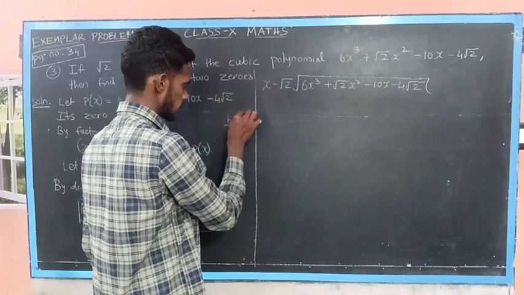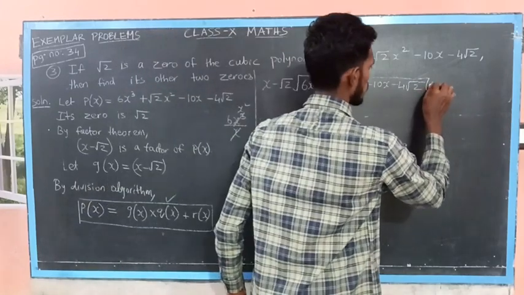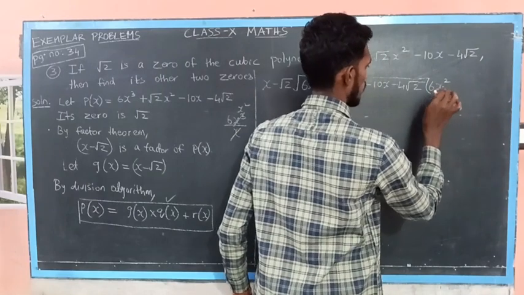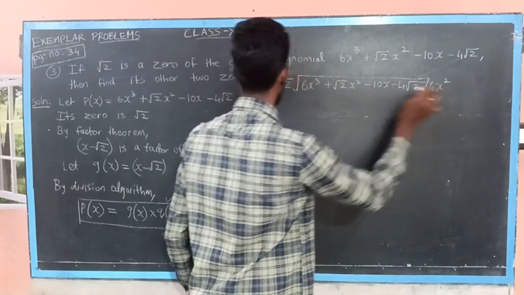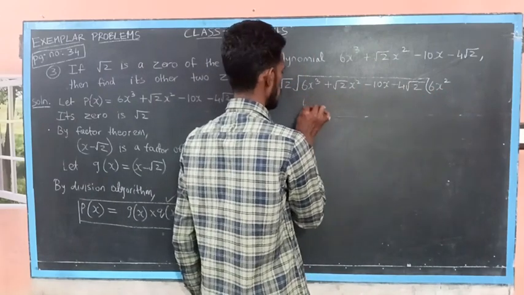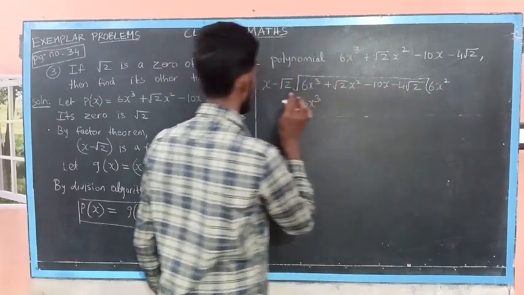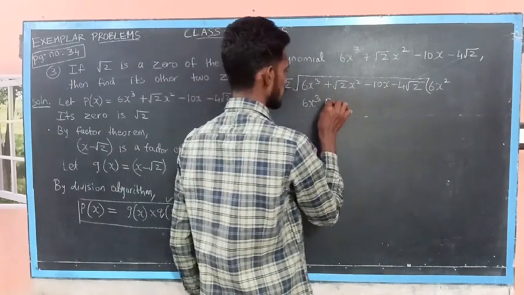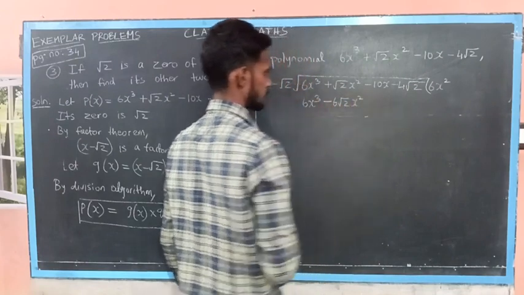So it is 6x square. Then multiply the quotient with the divisor: 6x square into x becomes 6x cube, and 6x square into minus root 2 becomes minus 6 root 2 x square.